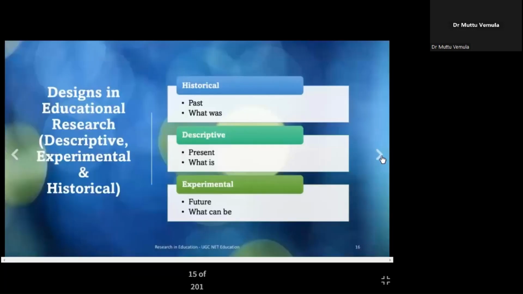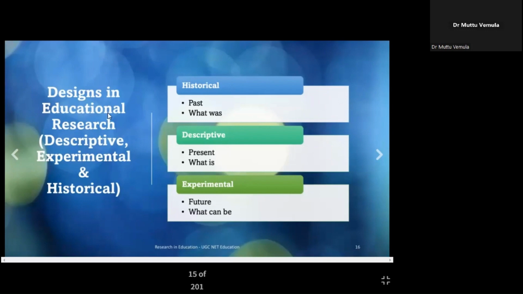Now, designs in educational research: descriptive, experimental, and historical is another aspect of looking at the designs of research, right? Types of research we have also seen previously. Now we talk about designs, because your research design is one important aspect of a research proposal, research thesis or research report.